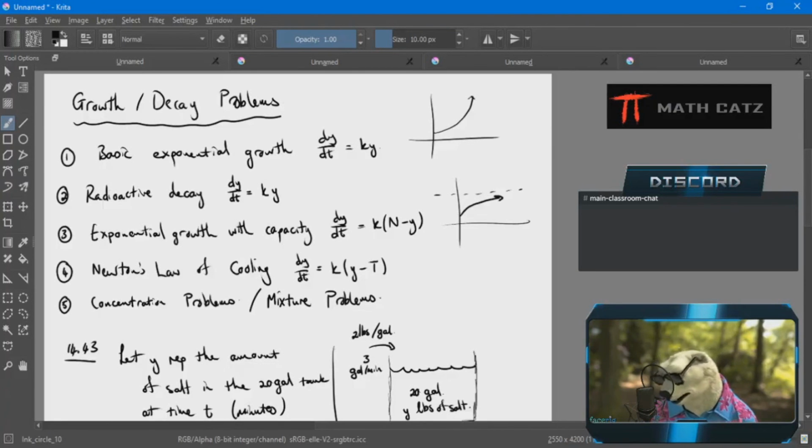We have one more left, and it's unfortunately a big one, where we will combine our basic exponential growth, which is really accurate for initial growth, with exponential growth with a capacity, which is really good at the end where space becomes an issue. And so we'll see what happens when we combine those two to get a more realistic model. But that will have to wait until next time.